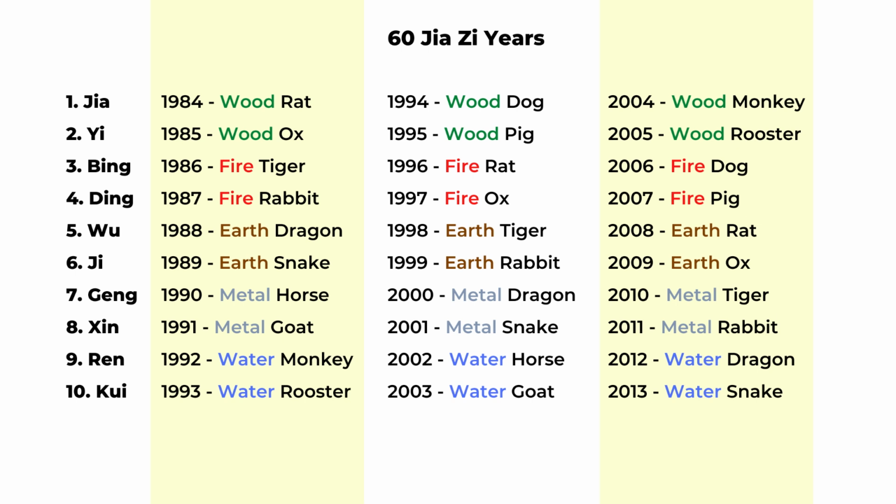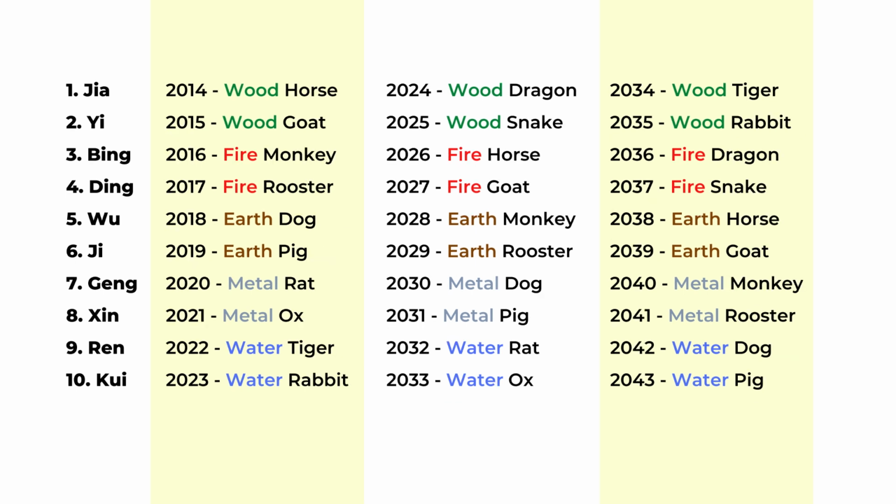And you can see here, year 2000 belongs to metal dragon, and the 2001 is the metal snake. And here the second part of the chart, you can see we are in 2022. It's the water tiger, so it's the water year.